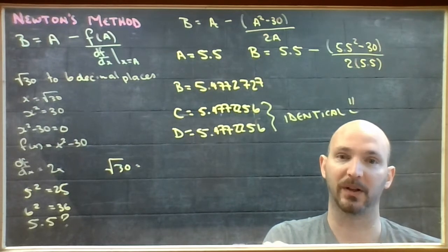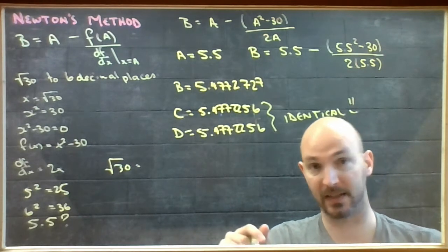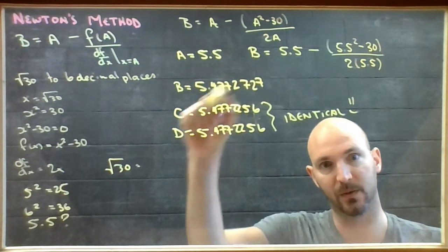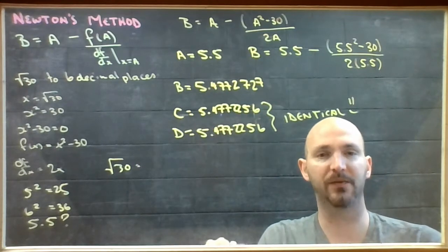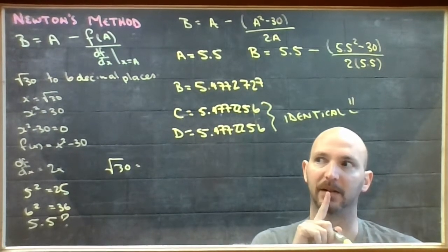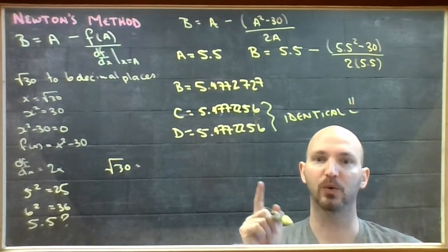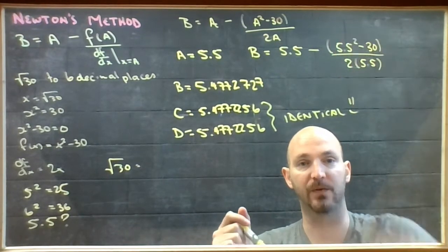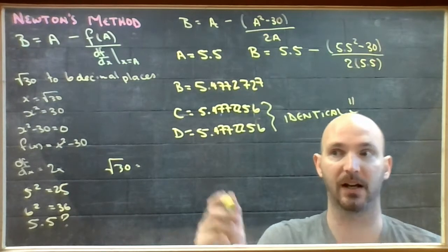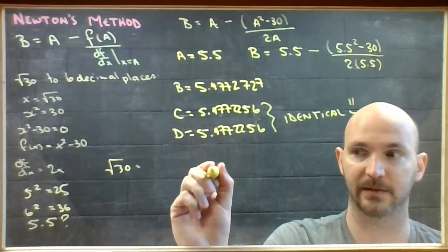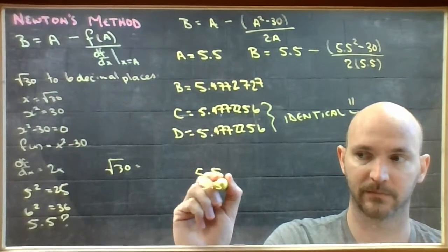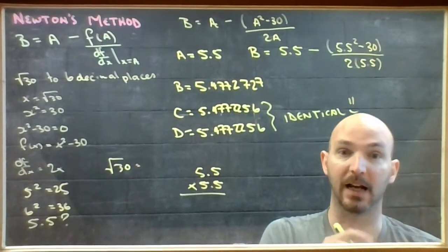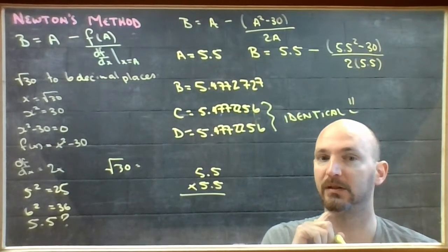So you may be wondering, why am I bothering to do this? Because I still use the calculator to do all this. Well, if you were Isaac Newton in 1670, you couldn't use your calculator at all, but you could do 5.5 times 5.5, right? Like this. Remember doing that in elementary school?